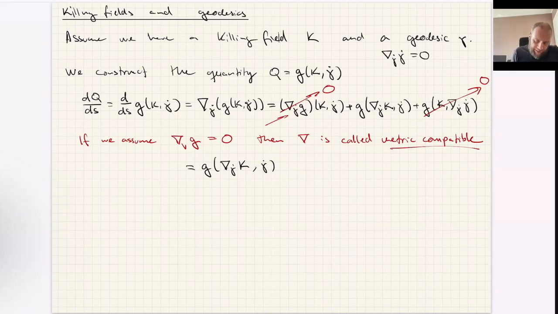Now for the Levi-Civita connection, you can check this. The full computation is in the lecture notes.